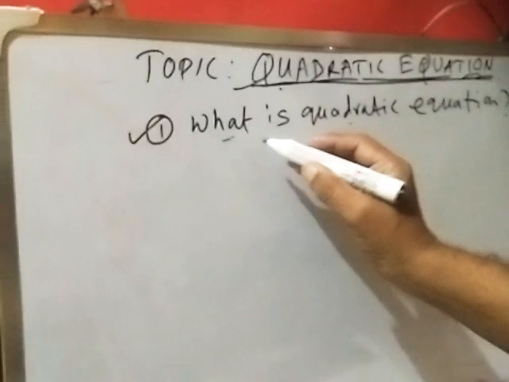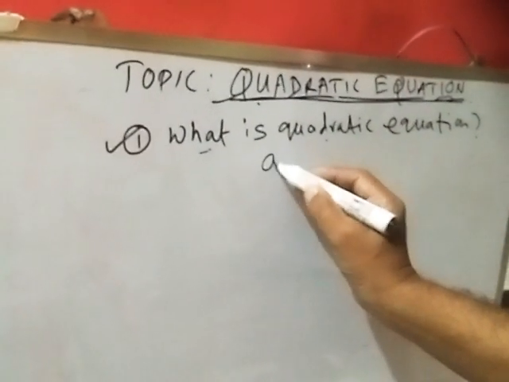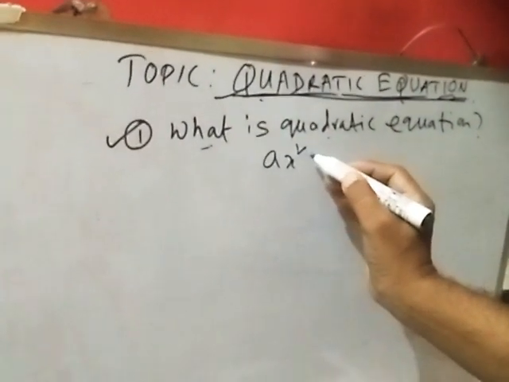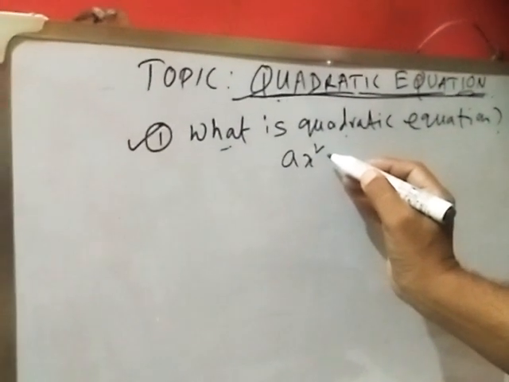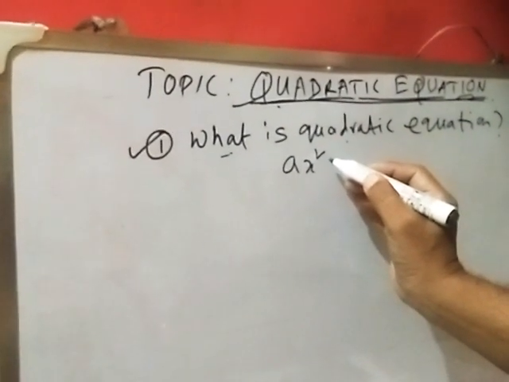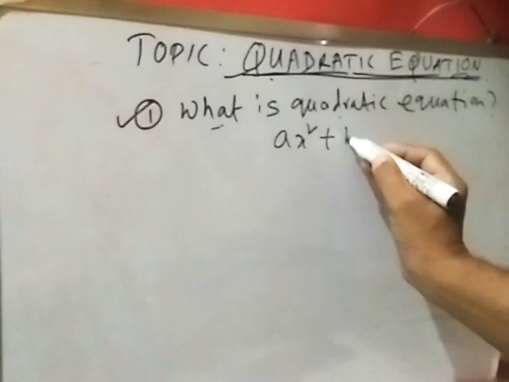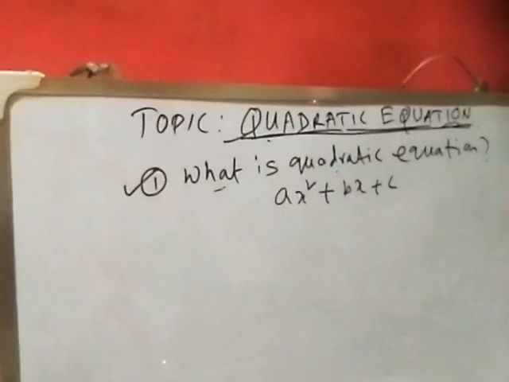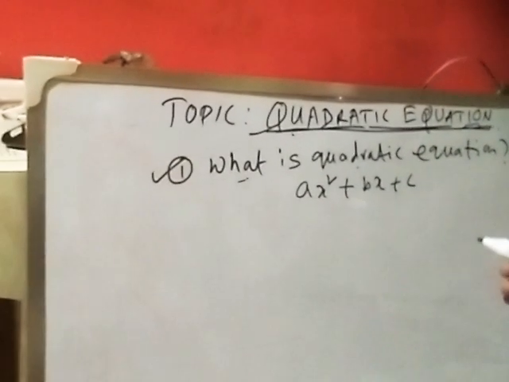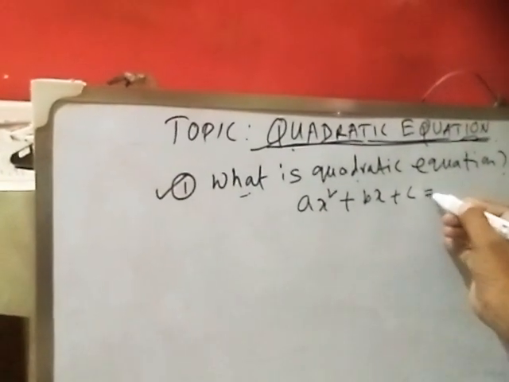Listen, the equation which has 2 as the highest power of the unknown quantity is called a quadratic equation. Look, ax square plus bx plus c equal to 0.